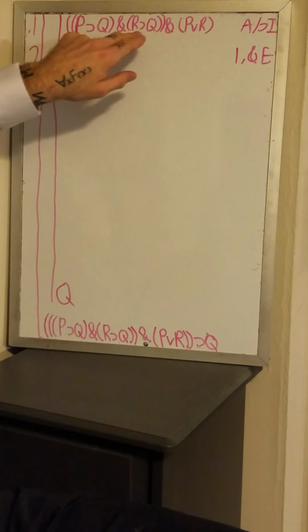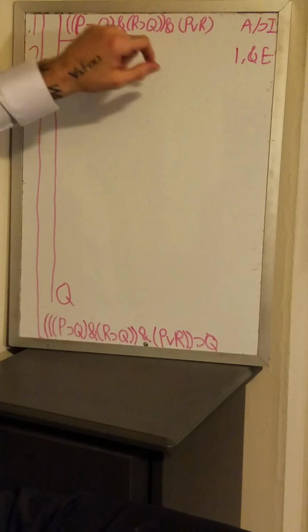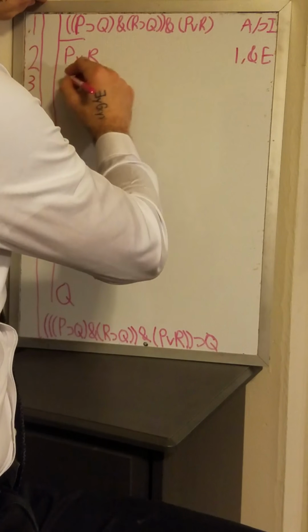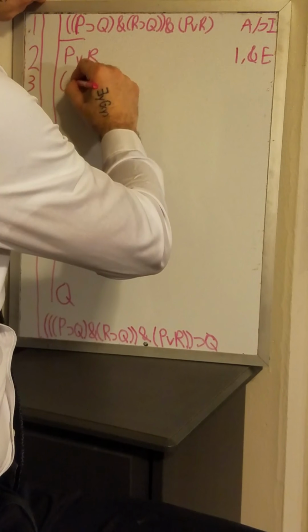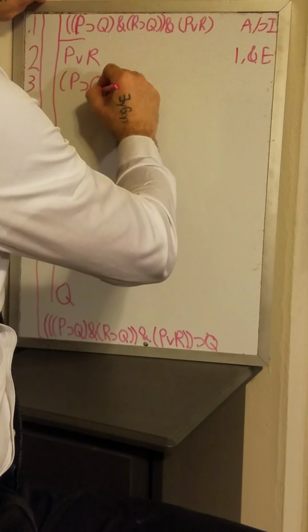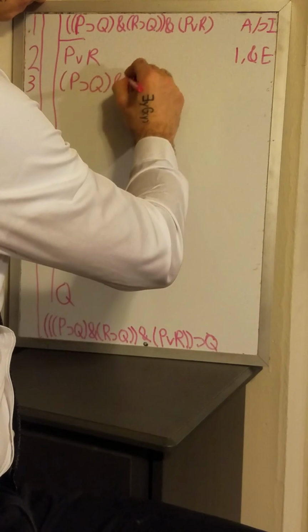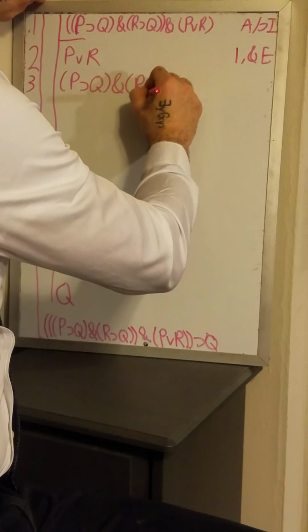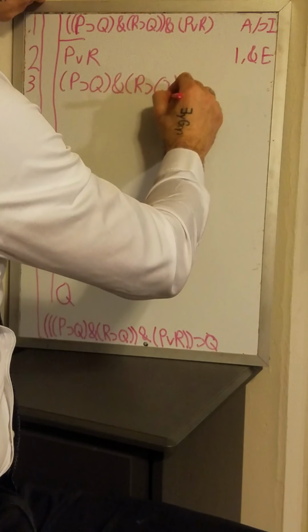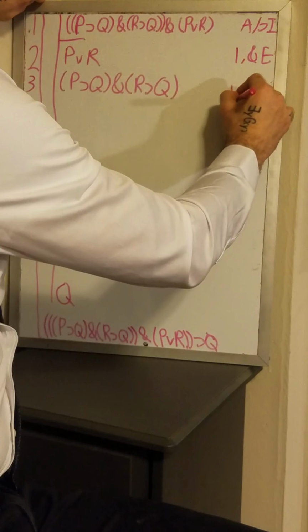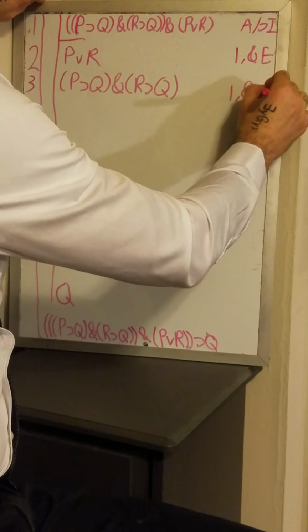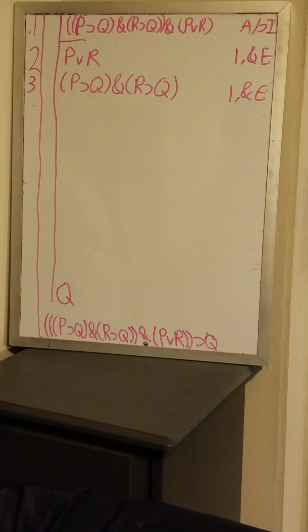And now let's take this left conjunct, which is all of this. It's a conjunction itself. And we can go ahead and use conjunction elimination again to get these two conditionals on separate lines where we can use them.